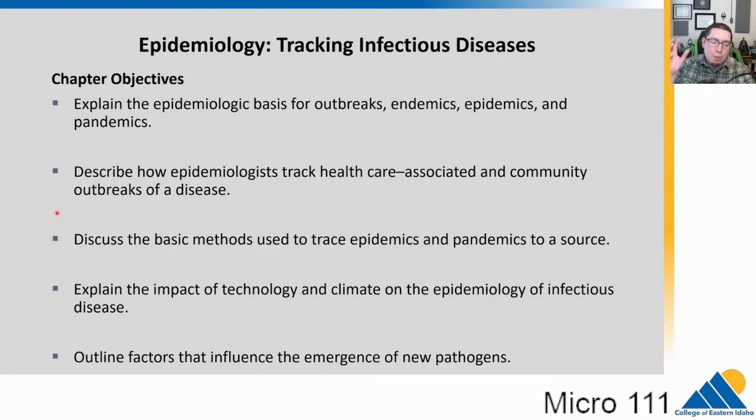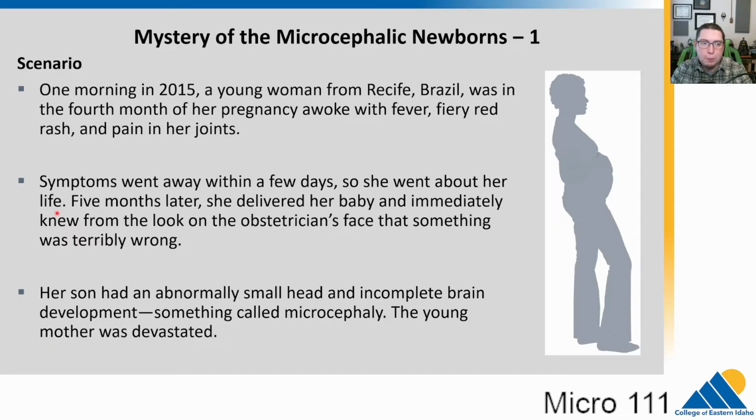And then we'll talk about some basic ways that we track this. We'll talk about some factors that influence outbreaks of disease, particularly related to technology and as the earth changes. And then we'll talk a little bit about what influences new and emerging diseases.